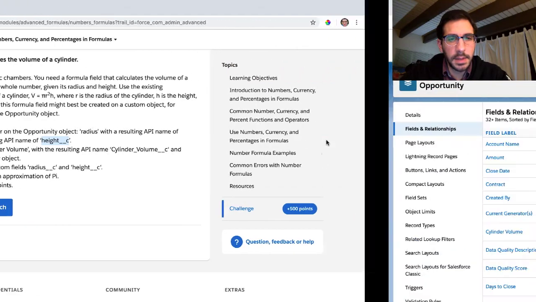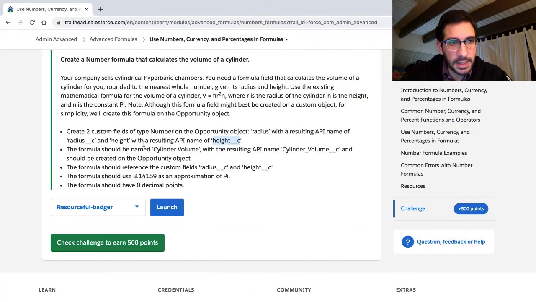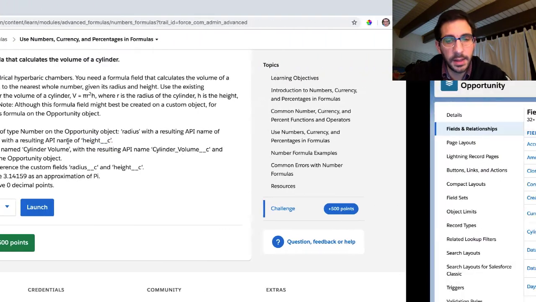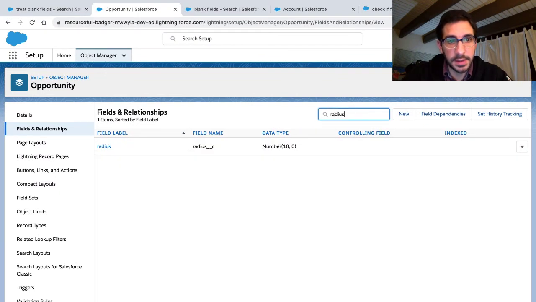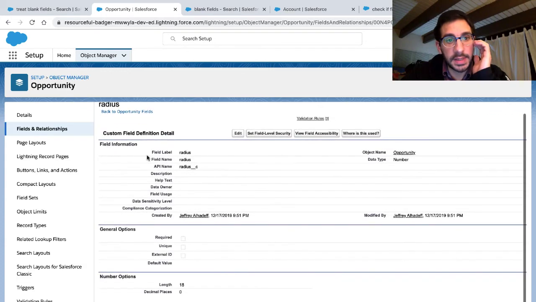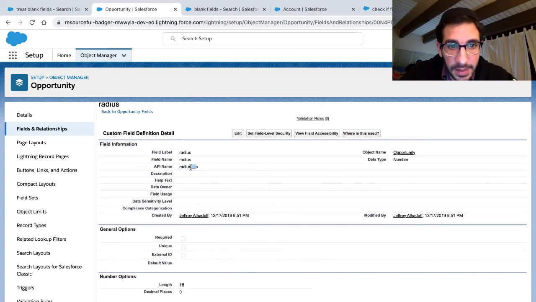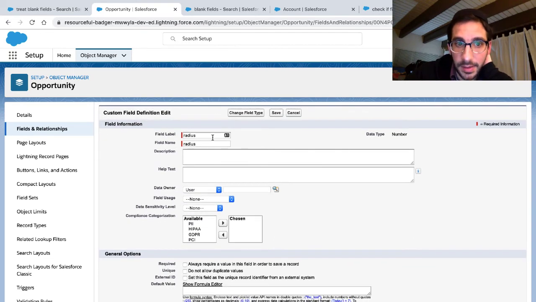A couple of things. Look here at radius __ c. Probably if you're at this point, this is already obvious to you, but it sometimes shows up like that. When you create it, the field label is this, the field name is this.